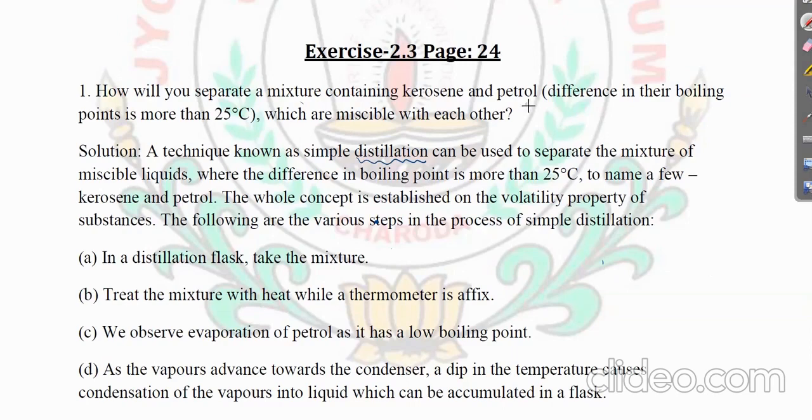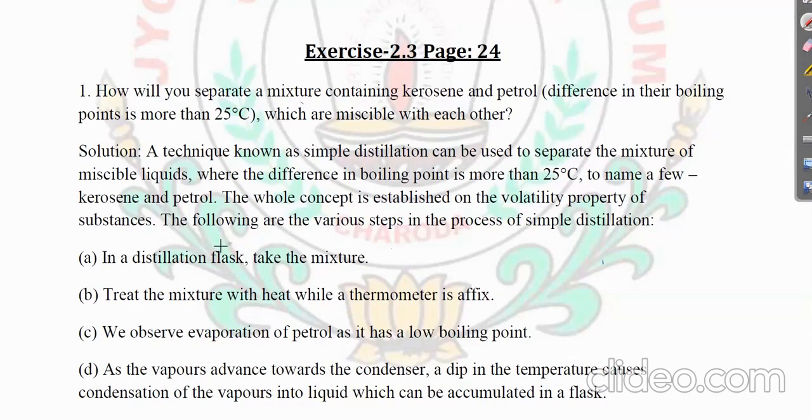After some time you will see that the petrol has vaporized, and the substance left behind is kerosene only. Hence, by using the distillation method, we can easily separate the miscible mixture of kerosene and petrol.